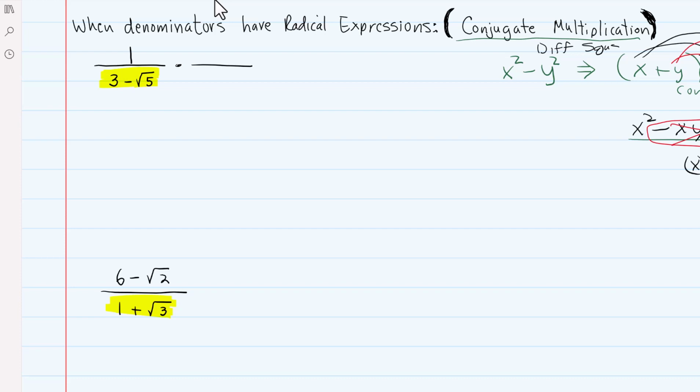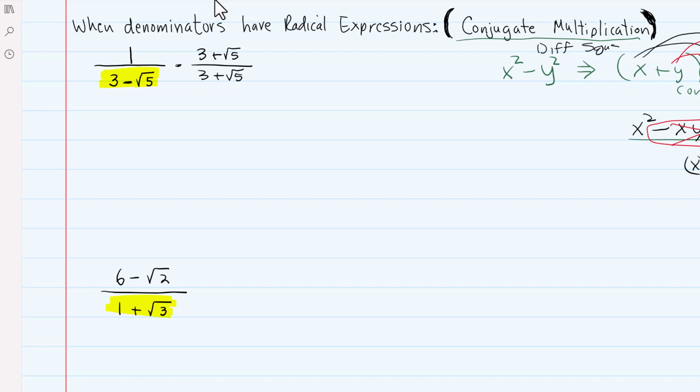So the opposite of 3 subtract root 5 is 3 plus root 5. But remember, you can only multiply a fraction by 1, so we have to also write 3 plus root 5 over 3 plus root 5. And now 3 plus root 5 divided by 3 plus root 5 is just 1.